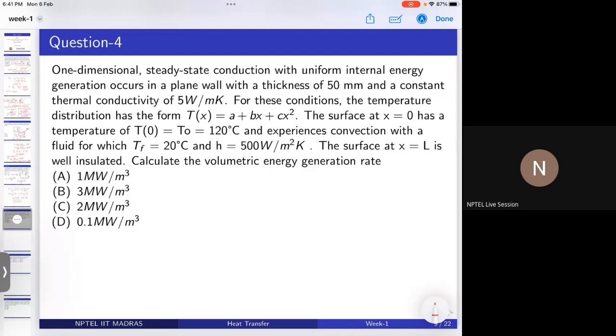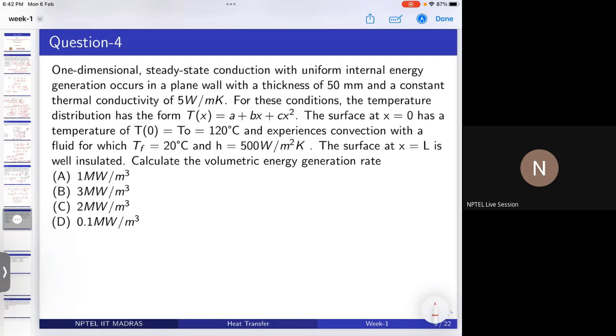So this is a one-dimensional steady state heat conduction problem occurring in a plane wall with internal heat generation. The thickness of the wall is given as 50 mm, and a constant thermal conductivity is also given. The temperature distribution is assumed to take a quadratic form, a plus bx plus cx square, and the surface at x equal to 0 has a given temperature.